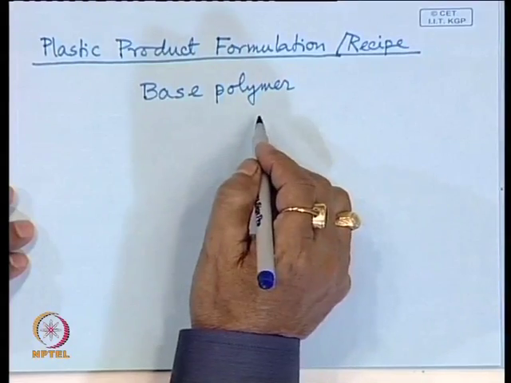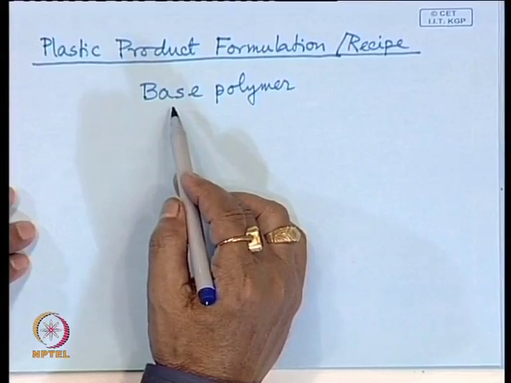Now, that may be polyethylene, polypropylene, polyvinyl chloride, polyacrylonitrile, polystyrene, acrylonitrile butadiene styrene, phenol and formaldehyde polymers, or polycarbonate. So, first of all you select a base polymer, that means you should be guided by the final product you require.